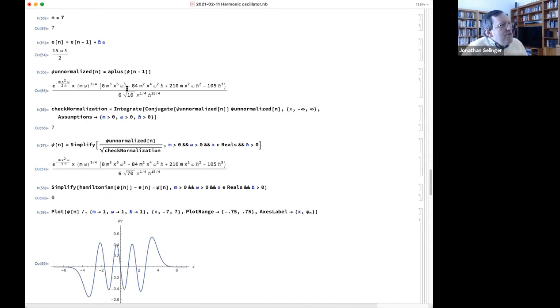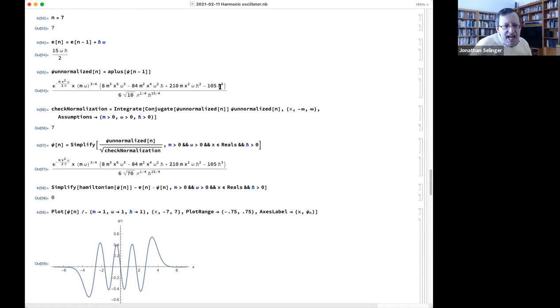For state number 7, we have an x times this stuff, which is an x to the 6th, x to the 4th, x squared, and constant. So it's a 7th order polynomial. For each state n, we have an nth order polynomial times the same exponential thing.